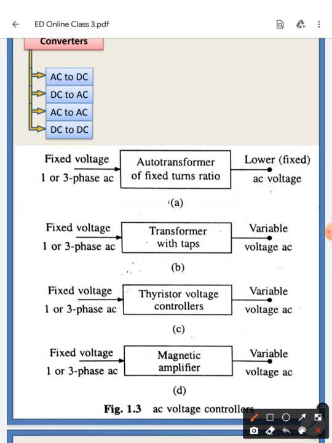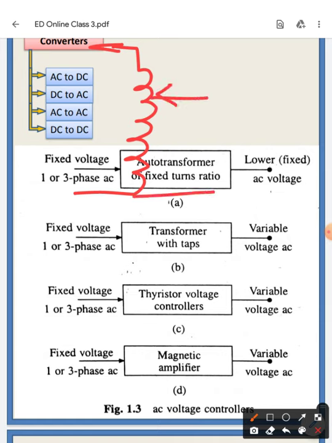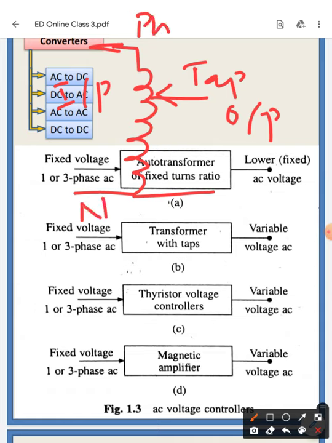Let me draw this again. An auto transformer has a coil with a primary winding and a secondary winding, but the beauty of this transformer is that this is my input part, this is my output part, this is the tap, and this is phase, this is neutral. A single winding can be converted into two different windings, one acting as the primary and the other, at the output end, acting as the secondary.